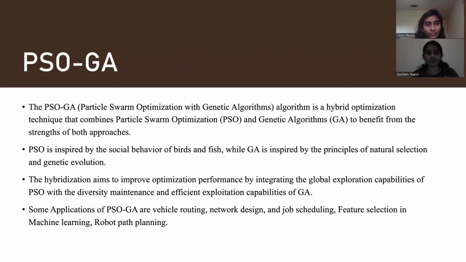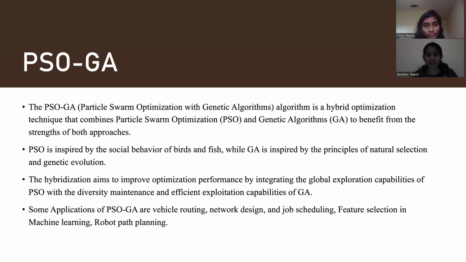In our survey paper, we also discussed another hybrid optimization technique, which is PSO-GA. PSO-GA is nothing but particle swarm optimization with genetic algorithms. Here, we use this hybrid optimization technique by combining the exploration capabilities of PSO and the efficient exploitation capabilities of GA.